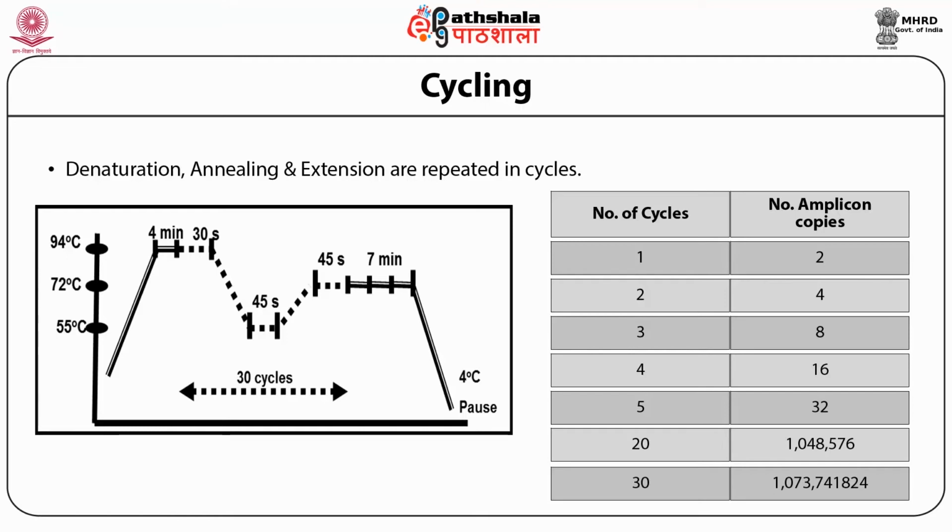In every cycle, the product is doubled. It is theoretically calculated that a single molecule of DNA can give 1 billion copies of template after 30 cycles of PCR.